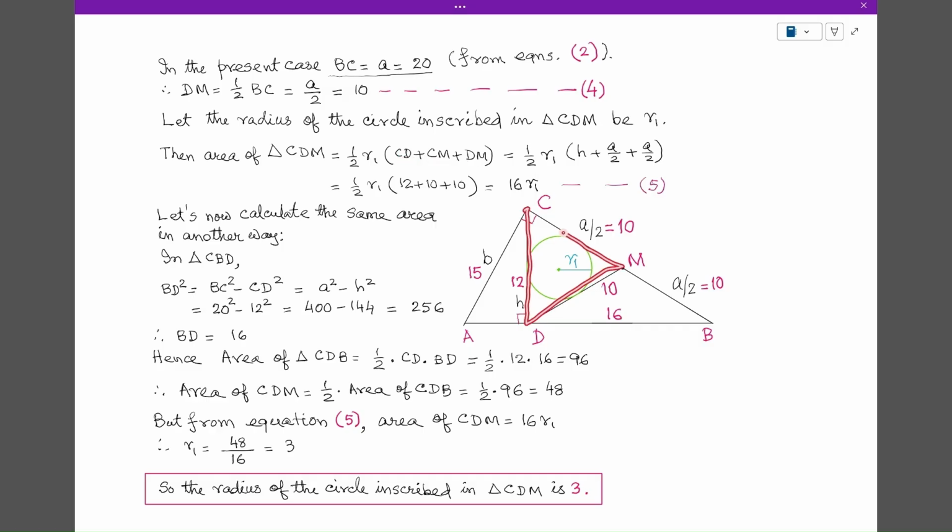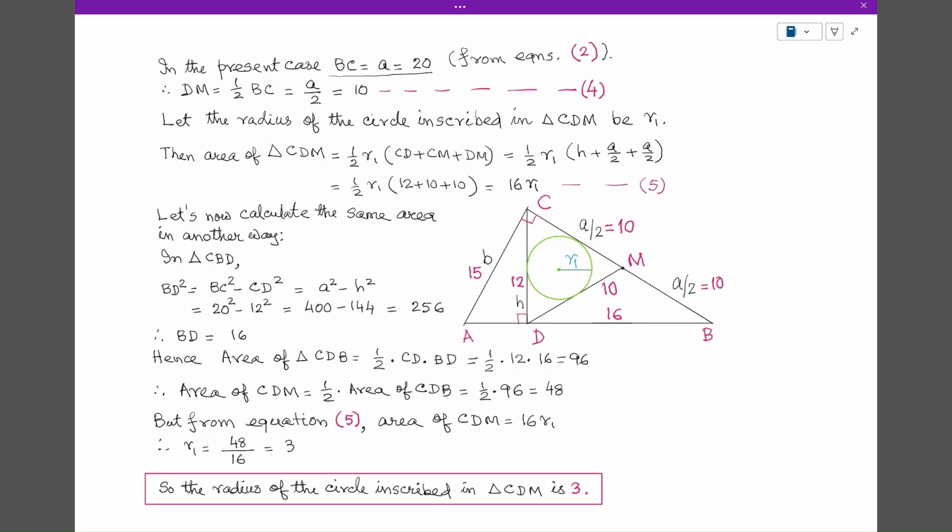We have seen this formula earlier in this video. And therefore, area of CDM is equal to half r1 times H plus A by 2 plus A by 2, because this is H, this is A by 2 and this is A by 2. So the area is half r1 and H is 12, A by 2 is 10, A by 2 is 10. Therefore, area of this triangle is 16 r1. Let us call it equation 5.